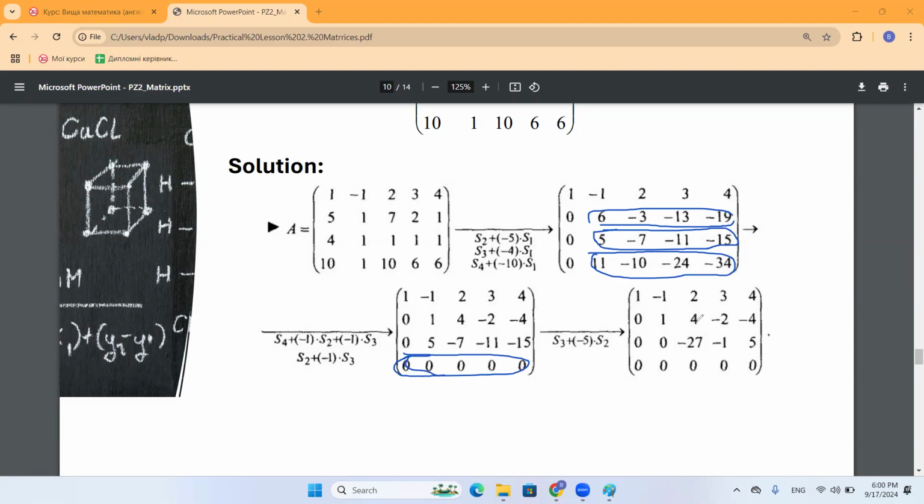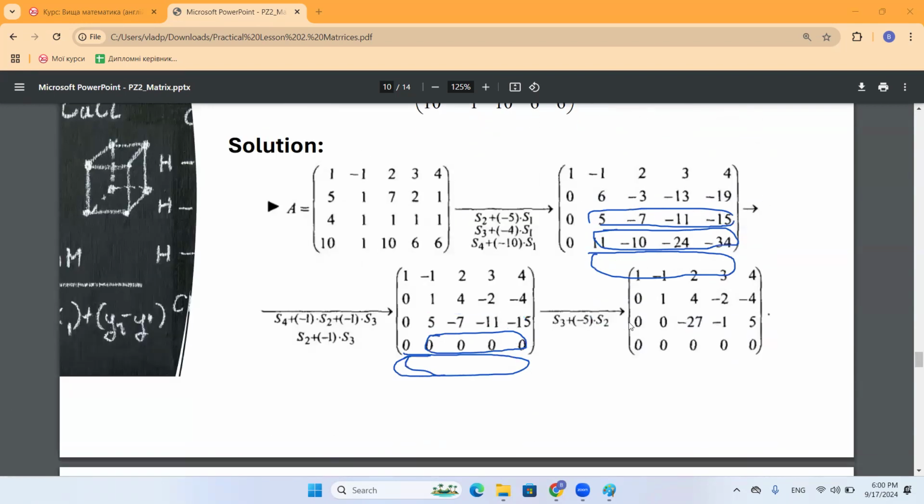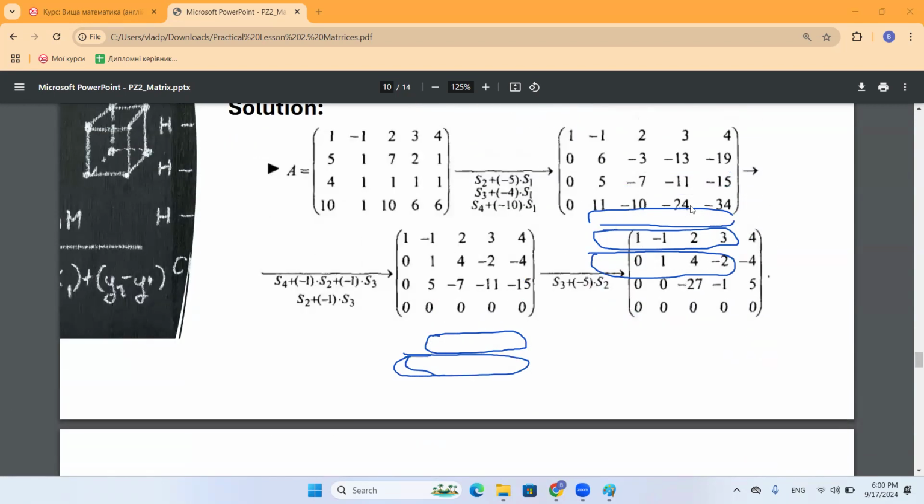So it is either 2 or 3. And then we need to eliminate this remaining row, and here we have such a minor which remains. Then we just calculate it and check if it equals 0 or not.